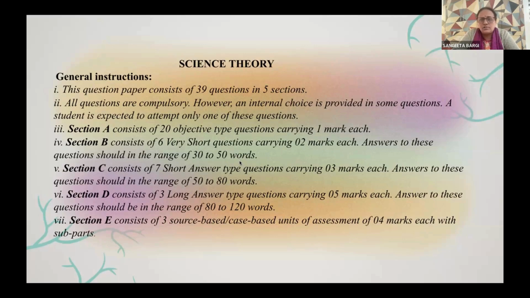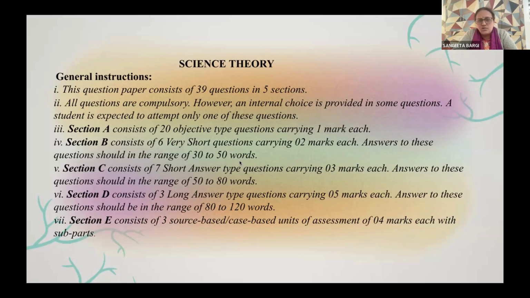However, internal choice will be provided in some questions, and the students are expected to attempt only one out of it. So, section A has 20 objective type questions, out of which 16 will be multiple choice questions, and questions 17 to 20 will be assertion and reason type questions.